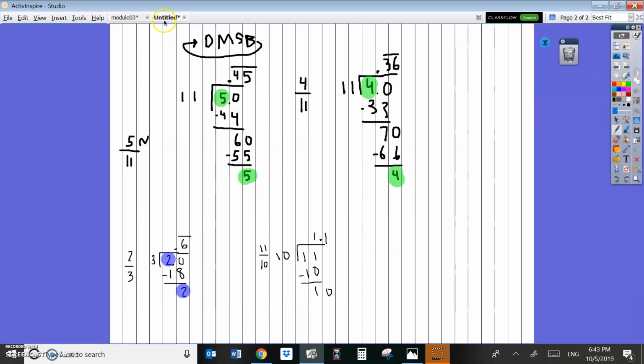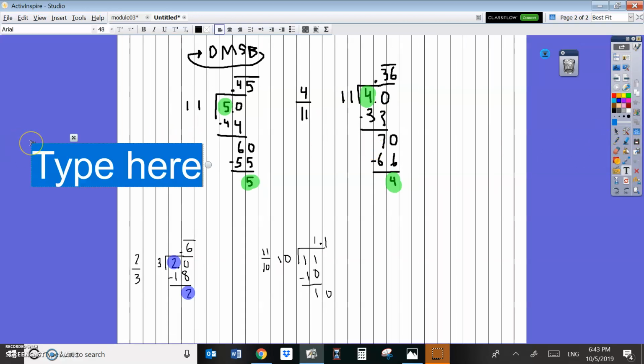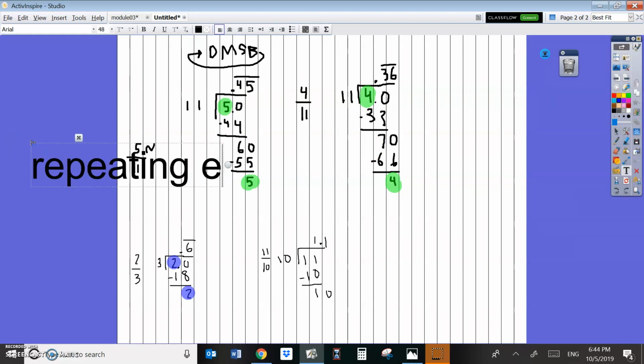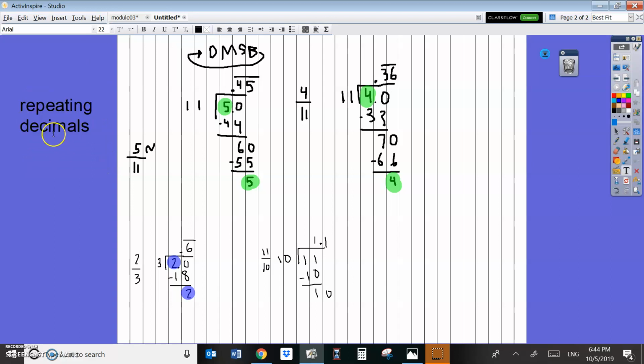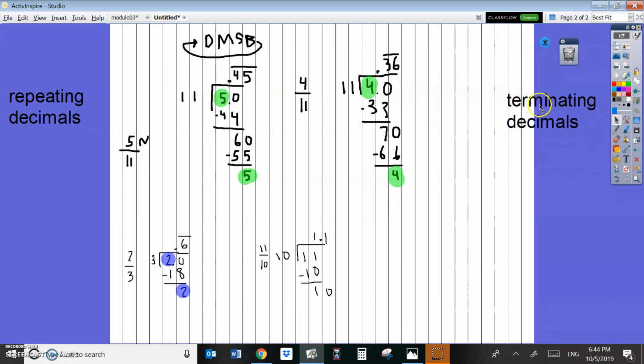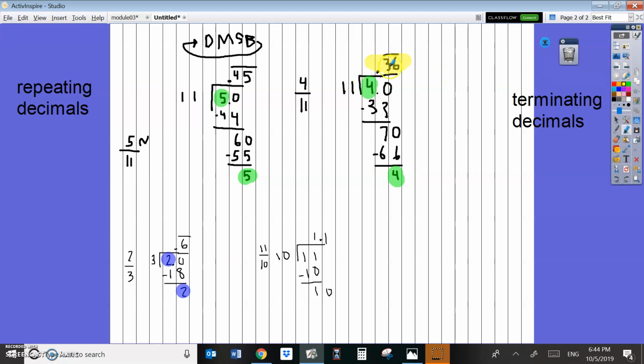Look back at this screen. Terminating decimals. Okay, so repeating, put in yellow.